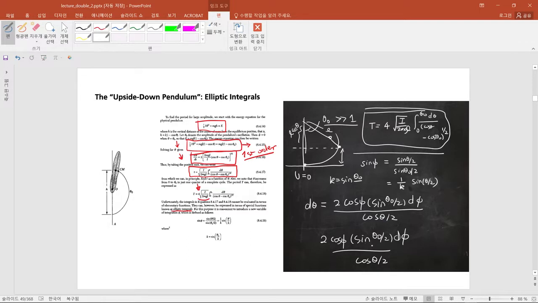what was the cosine, and here you have cosine theta minus cosine theta 0, which is equal to what?